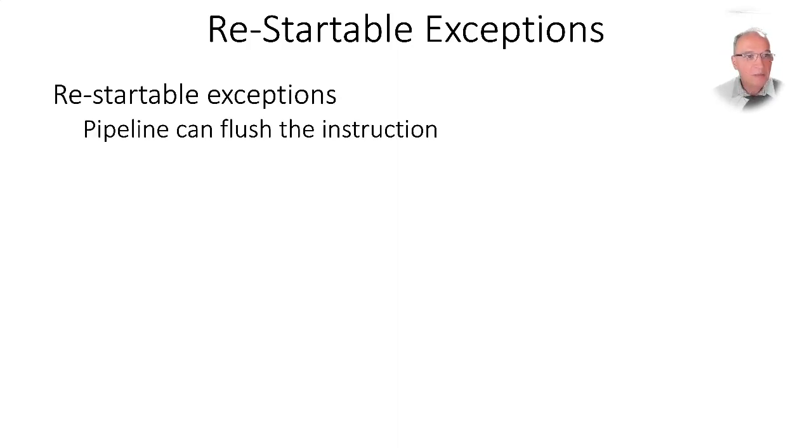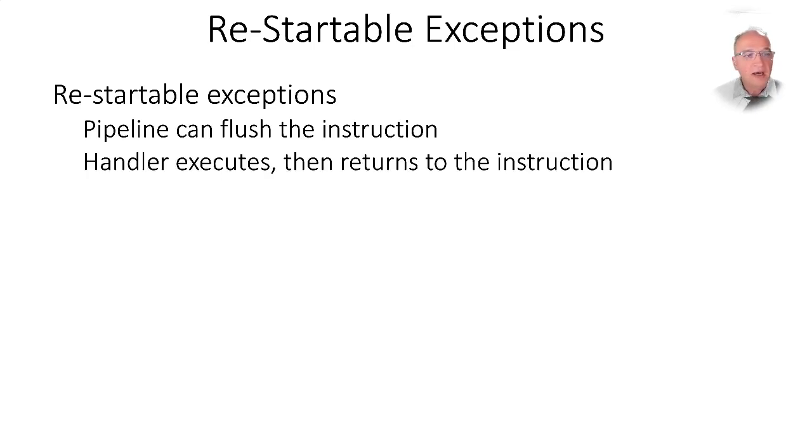There are exceptions that we call restartable exceptions. A restartable exception is an exception that occurs, the exception handler handles it, and then you restart the execution of the program. The pipeline can flush that instruction, the handler will execute, and then it will return to that very same instruction. That is the case when there is some kind of temporary error that needs to be handled.